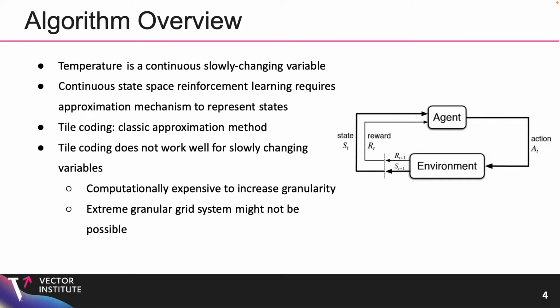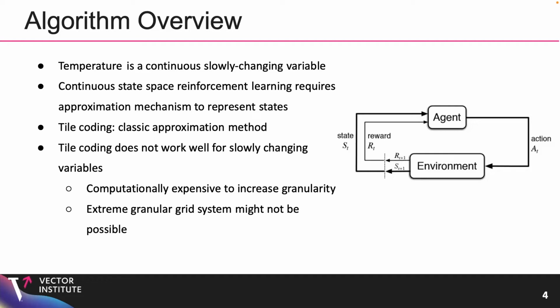So in tile coding, we assume that the continuous state space is incremental. Then the locally linear transitions can effectively be discretized into relatively coarse ranges or bands of values as tiles.